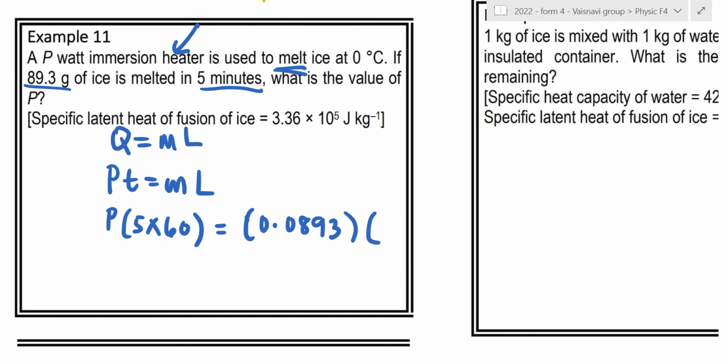And then the latent heat of fusion of the ice, 3.36 times 10 to the power of 5. What is the power? 100.016.